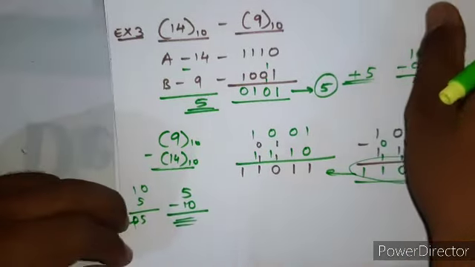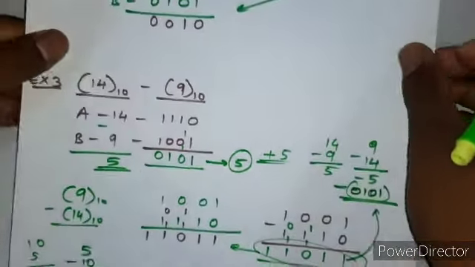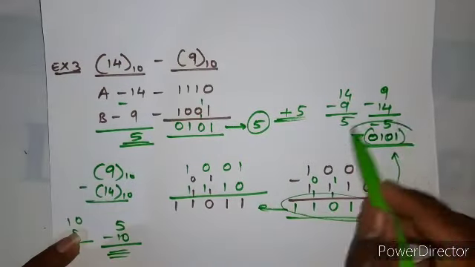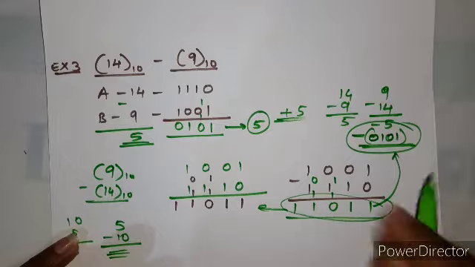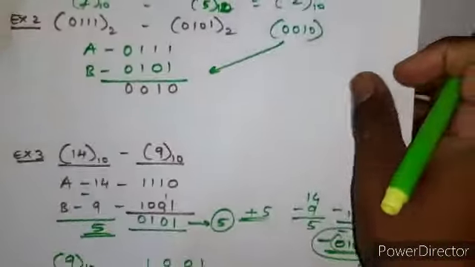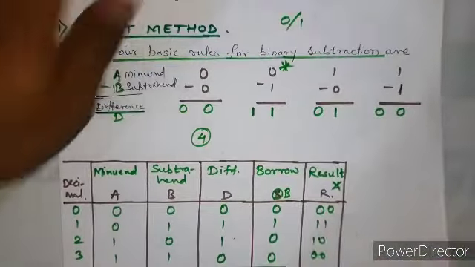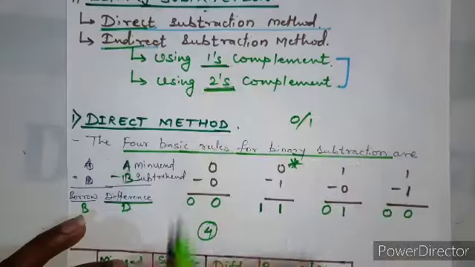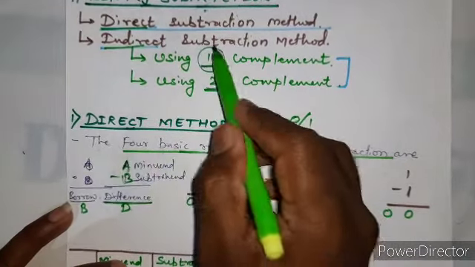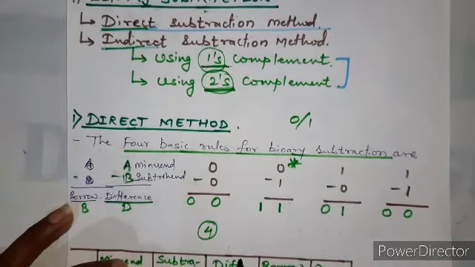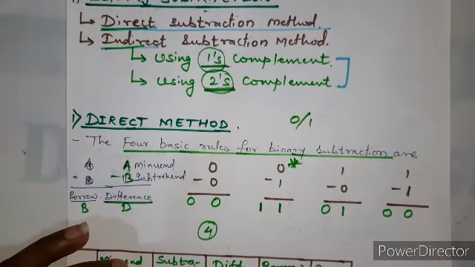So in this case, the direct method fails to produce the exact result. That is why we go for the indirect method, where we use the 1's complement and 2's complement method to find the subtraction.